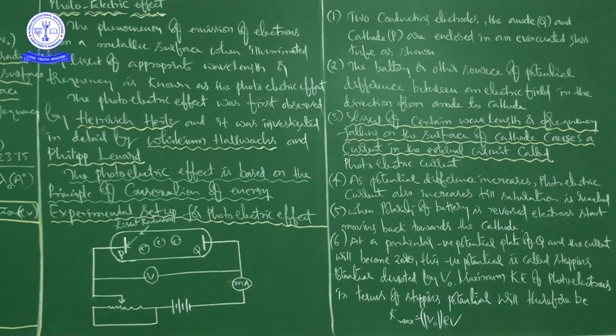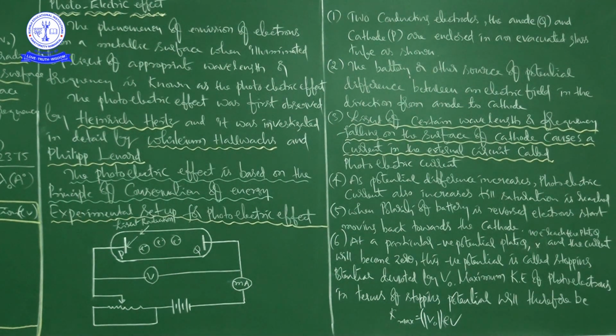Next, the last point, the sixth point. At a particular negative potential of plate Q, the current will become 0. See what happens here. We are increasing the negativity of Q. When you increase the negativity of Q, the electrons, which have negative charge, will not reach Q and will be sent back to the cathode.